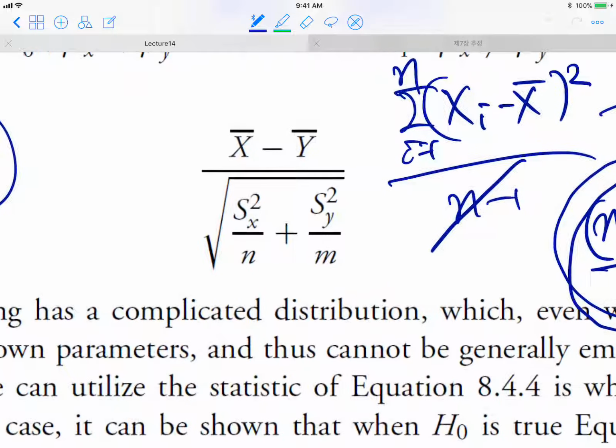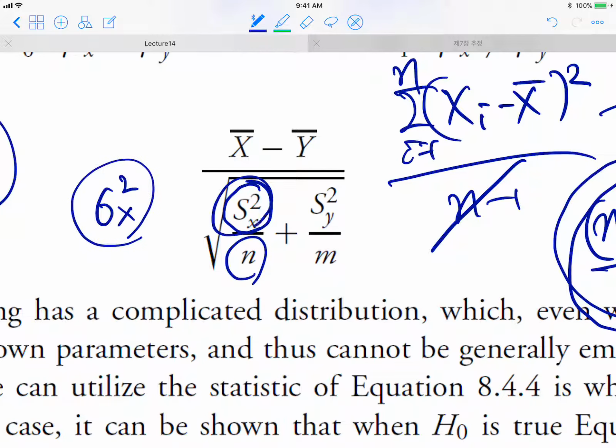Okay, if n gets really large, you can just assume that your sample variance is the true parameter value because it will have 0 variance or a very, very small variance. So it will have very small error from the true sigma squared value, right? So we can just use this instead of this value.